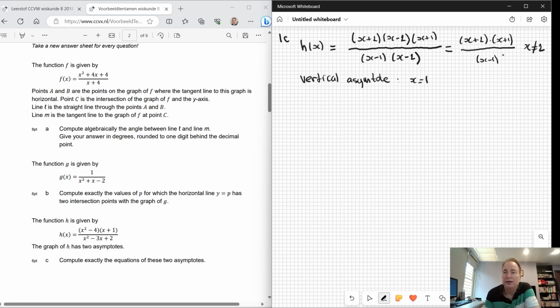So we write it back to, so let's see, h(x) is (x plus 2)(x plus 1) divided by x minus 1, which is (x squared plus 3x plus 2) over (x minus 1).